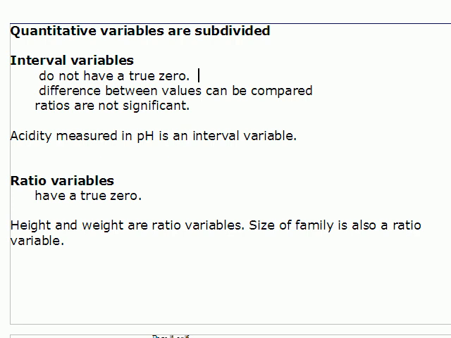The classic example is pH. You can say I have a pH of about 3 for stomach acid and a pH of 11 for bleach. All right, you can look at the difference between those values, and that is significant, right? But there's no ratio between the two that makes sense.